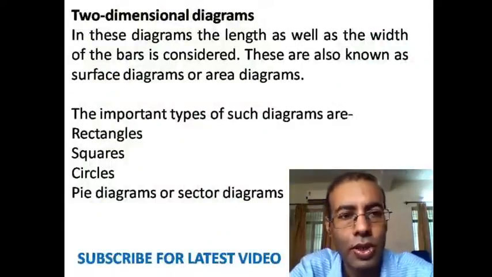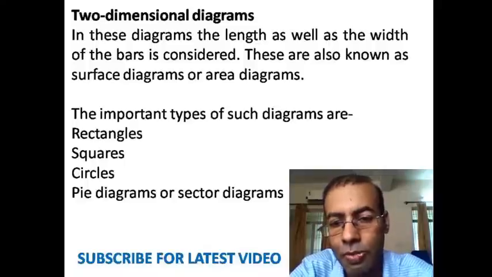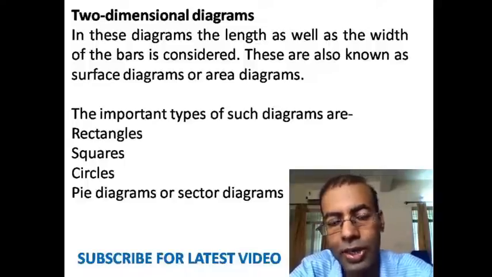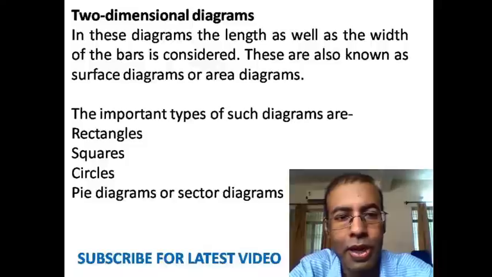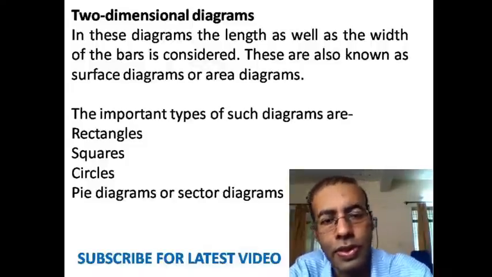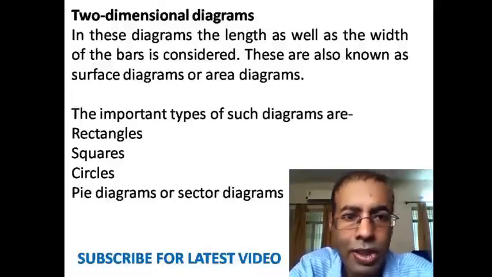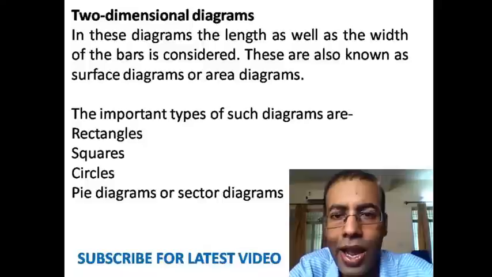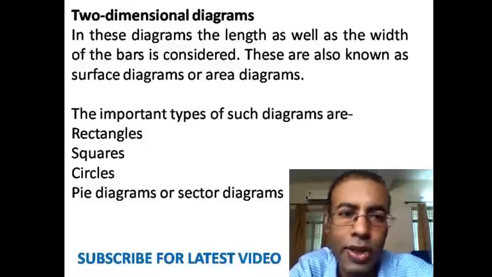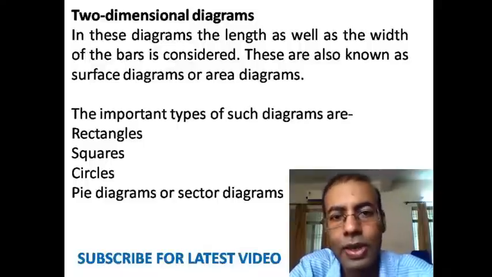So that's all about one dimensional diagrams. The three types of diagram, simple bar diagram, multiple bar diagram, and subdivided bar diagram, all come under one dimensional diagrams. Now we will discuss two dimensional diagrams. In these diagrams, the length as well as the width of the bars is considered.